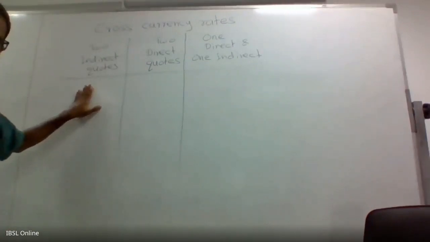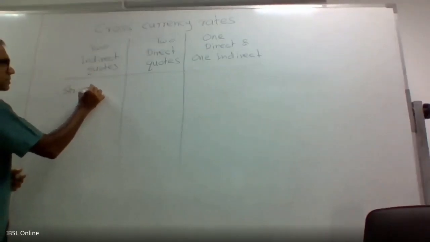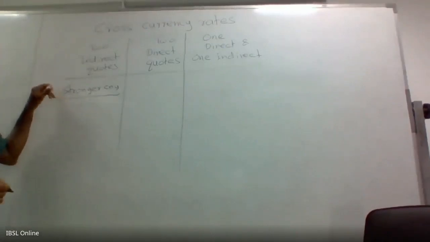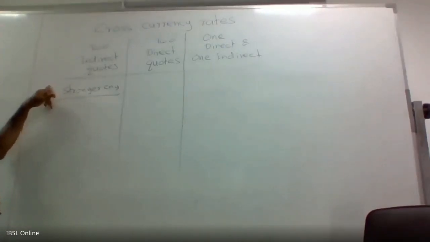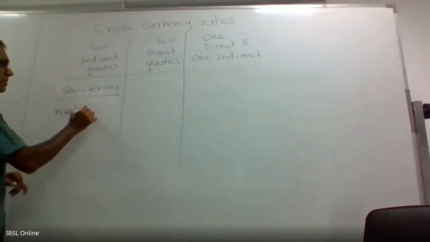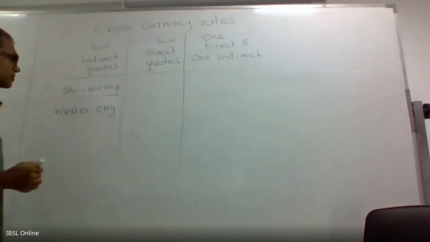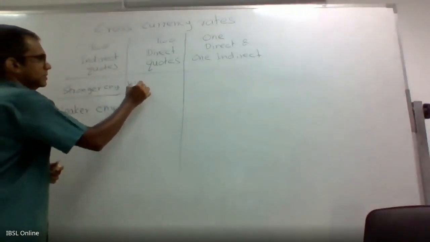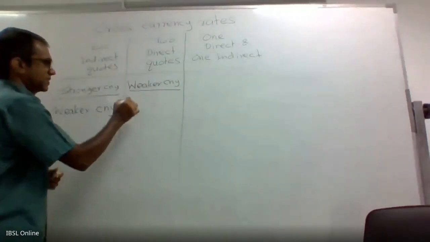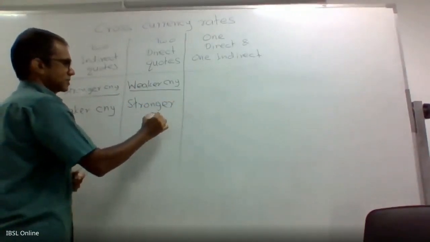When you have two indirect quotes, it is the exchange rate of the stronger currency against the US dollar divided by the exchange rate of the weaker currency. When you have two direct quotes, it is the weaker currency exchange rate divided by the stronger currency.